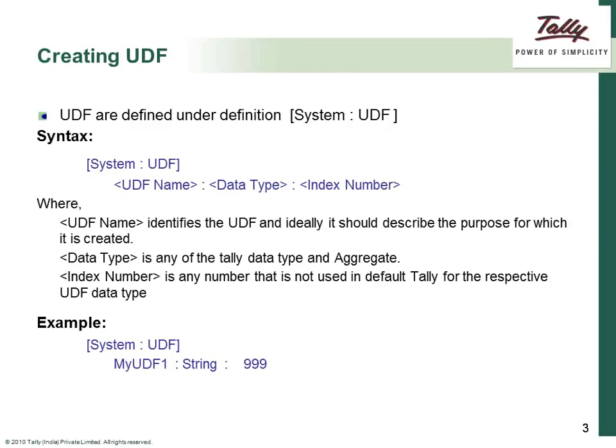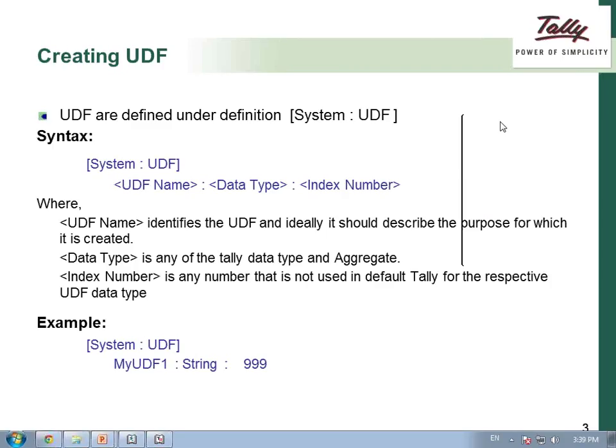Anything that needs to be stored is under system definition, and that we want to store is a system UDF. This helps us to store the data. This is your storage name or the UDF name, the data type, and the index number to which the value needs to get connected or stored.